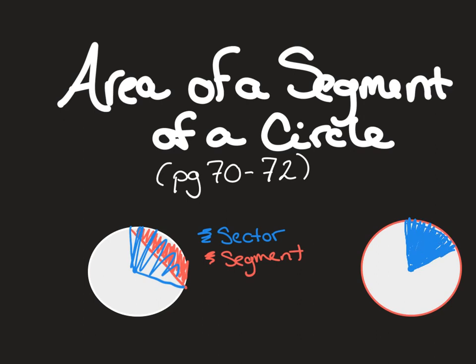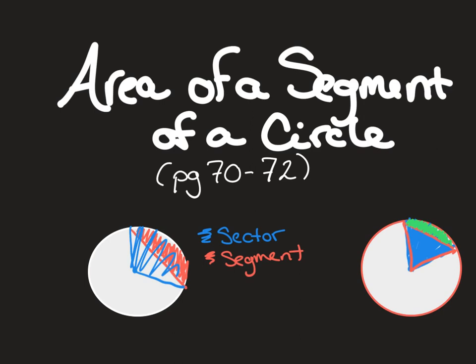And if we can find the area of the whole circle, then we can find the area of a piece or a part of the pie. And then we're going to subtract away this red triangle that I'm drawing, which will leave us with our answer, the green segment that we're looking for.